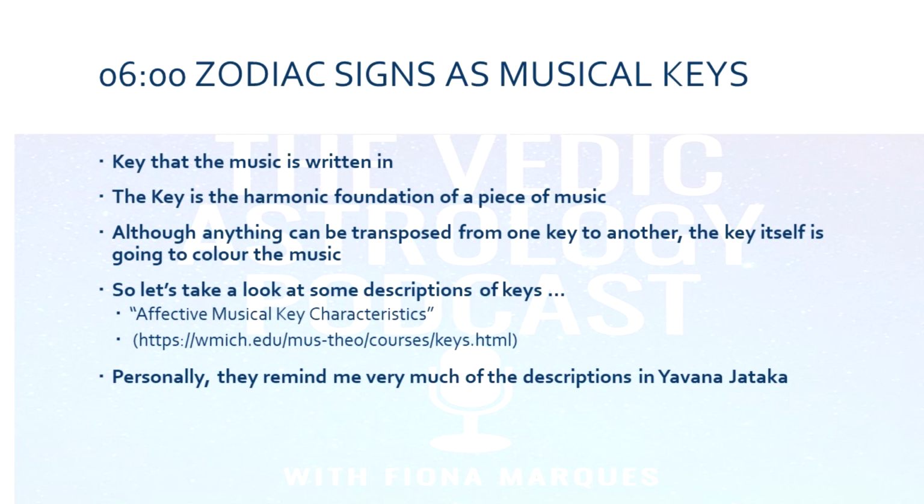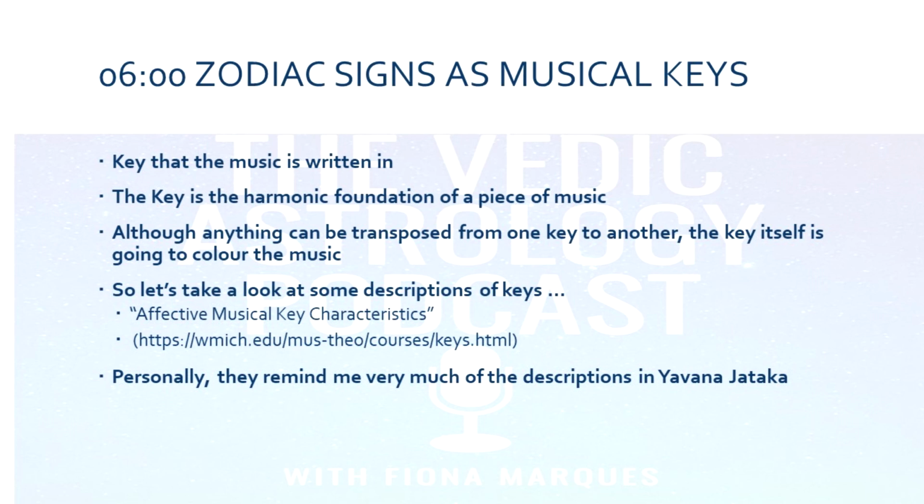But I'm going to read for you some translations of the meanings of each key from a book that was written in Germany in 1806, which I don't even know how you would translate the German title, but where I'm reading it from is called The Effective Musical Key Characteristics.